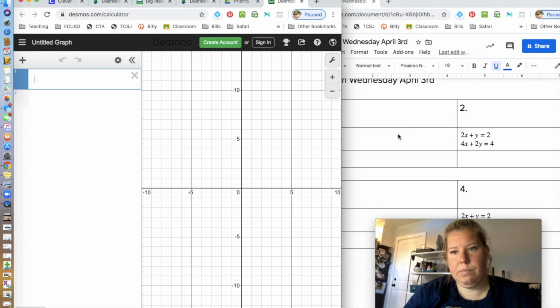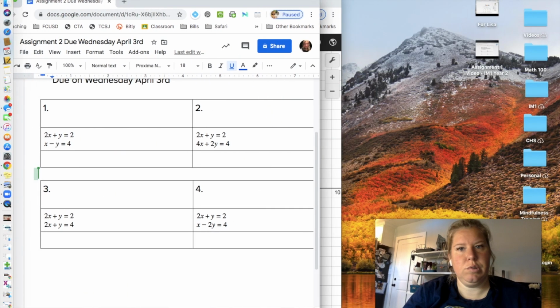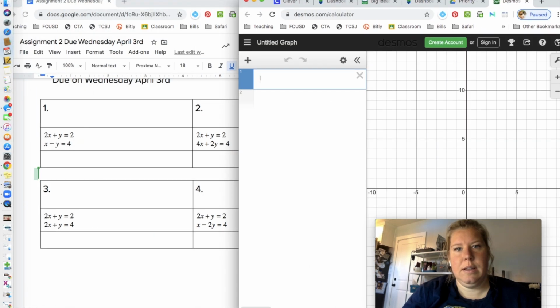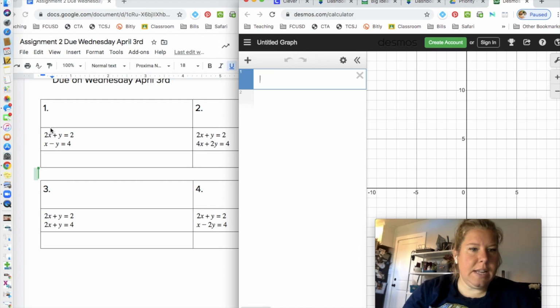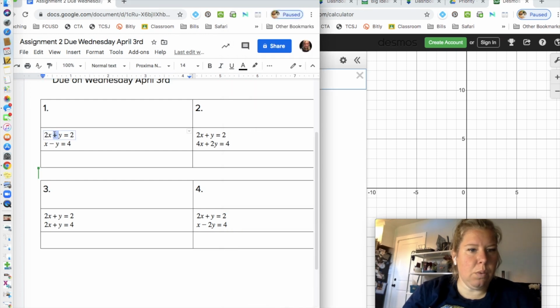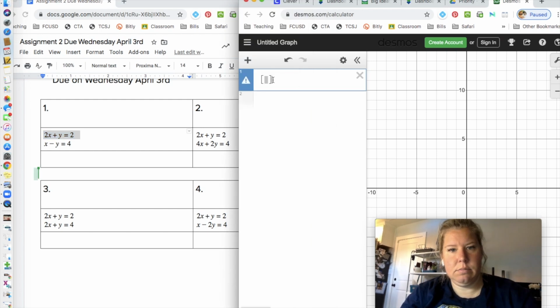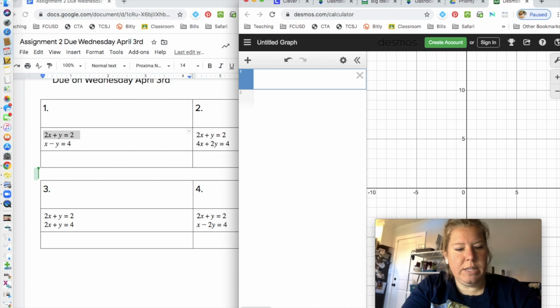This might work, it might not, who knows? So my first line is 2x plus y equals 2. I'm going to copy it. I'm going to paste it. Oh, maybe I can't paste it. Nope, can't paste it. So I have to retype it.